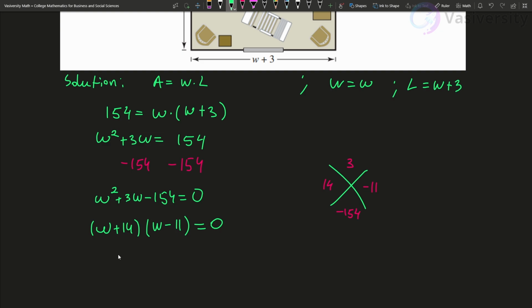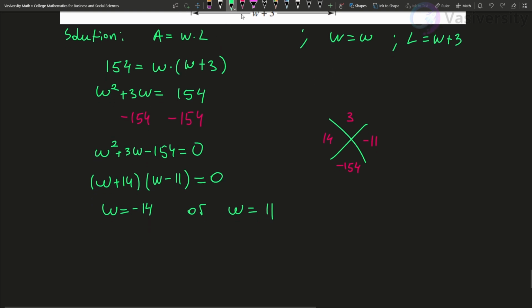So we have two solutions. Either w is equal to negative 14, or w is equal to positive 11. Which one do you think is the solution? Here we always think of an actual physical solution. Can we have negative 14 feet of length? No, we cannot, right? So that means 11 is our actual answer here.